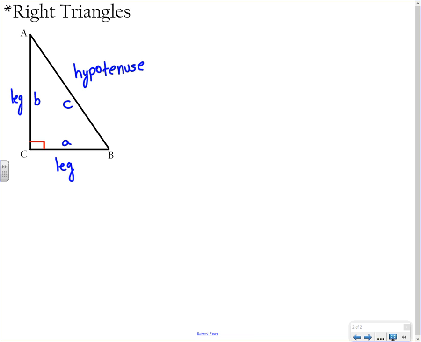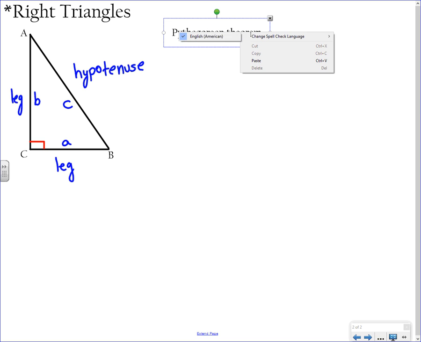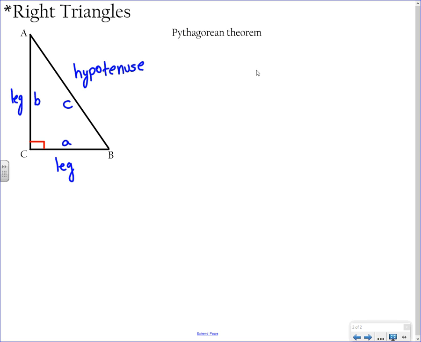And then most important what you have to use here is the Pythagorean theorem. And the Pythagorean theorem says the following.